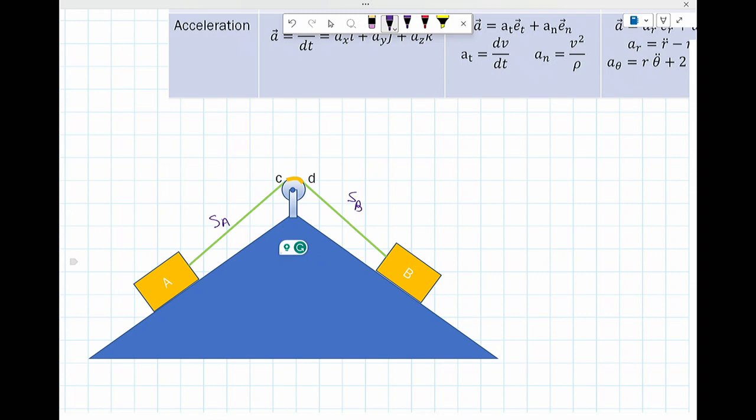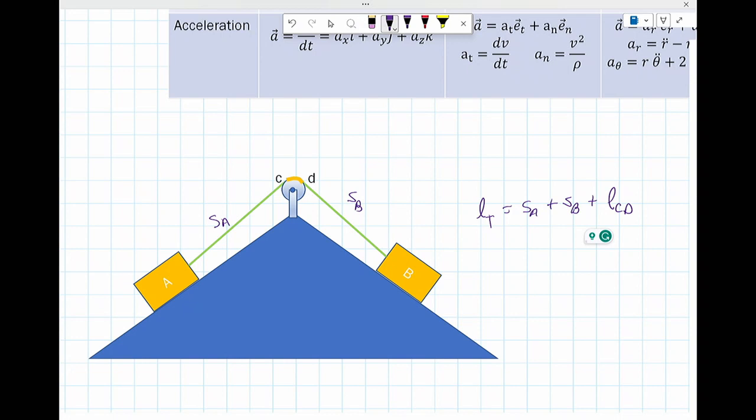So the trick here with all of this stuff is to define the total length of that cord. And so if I look at that, I can say that the total length of the cord is equal to S sub A plus S sub B plus the length C to D. And I'm using different variables for time varying constants. So as B slides down the ramp and A goes up the ramp, SA and SB will change in length.